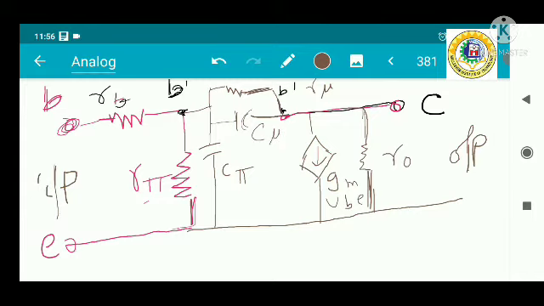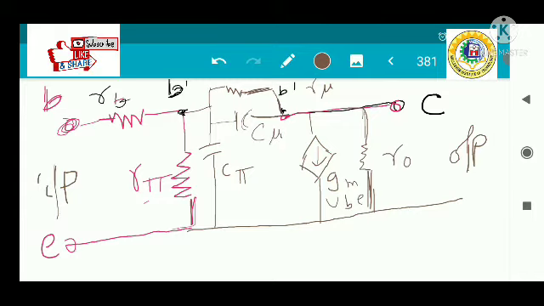So this is almost quite a model of the H parameter hybrid parameter model. You can relate like this. Base resistance we have discussed, R pi I have discussed, R mu I have also discussed, and this GM into VB must be there. This is nothing but a current source, your IC.